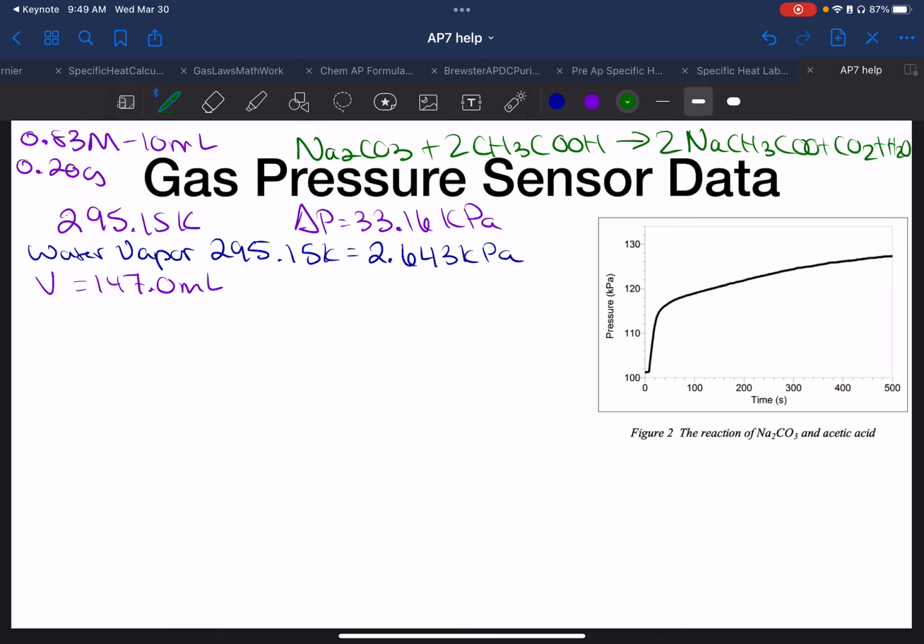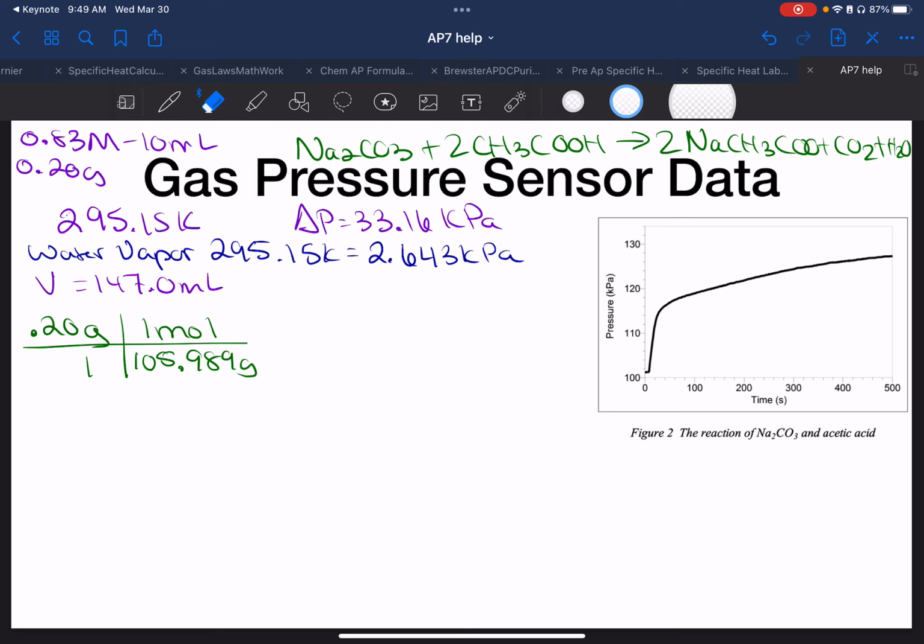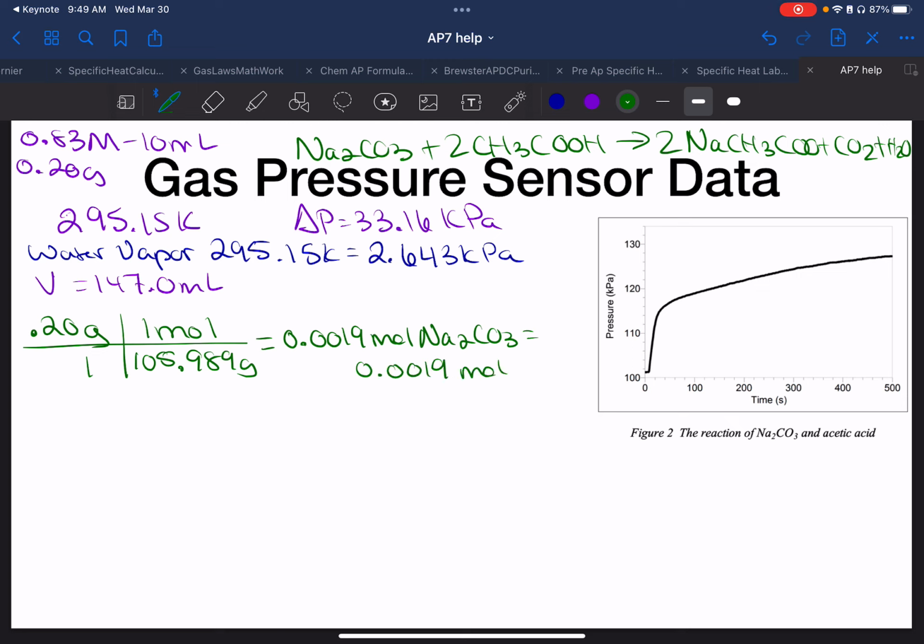So if I look at my moles of Na2CO3, 0.20 grams, that weighs 105.989 grams to 1 mole, and that equals 0.0019 moles Na2CO3, which means that I produce 0.0019 moles of CO2.